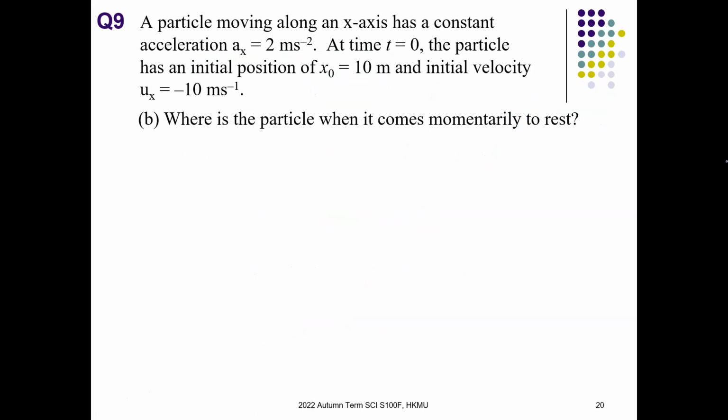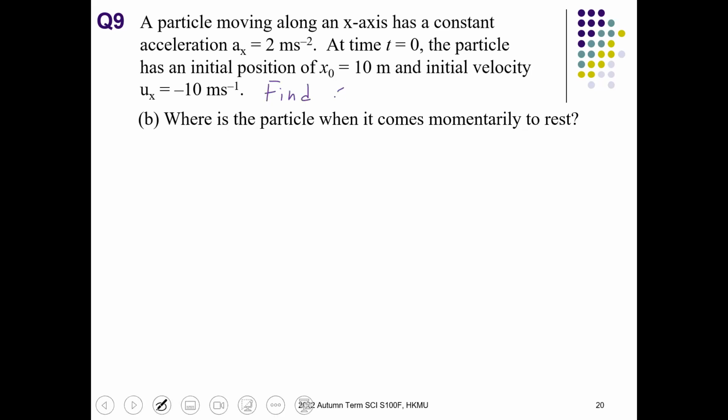In part B, it says, where is the particle when it comes to momentarily rest? That is, we need to find out the position when the particle is at t equals 5 seconds. To find out the location, we need to find the displacement.